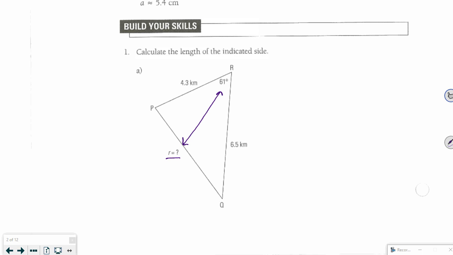I've got my two sides, I got my angle across from it, I can use the cosine law. We're solving for a side, we're going to start by writing our side first in our formula. So our formula is a squared equals b squared plus c squared minus 2bc cos of angle A.